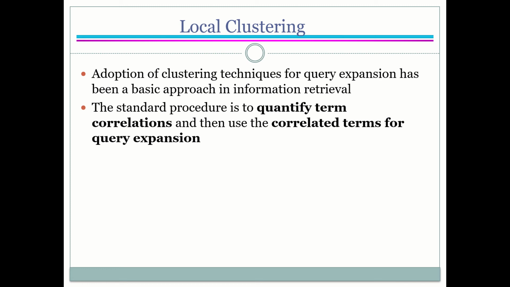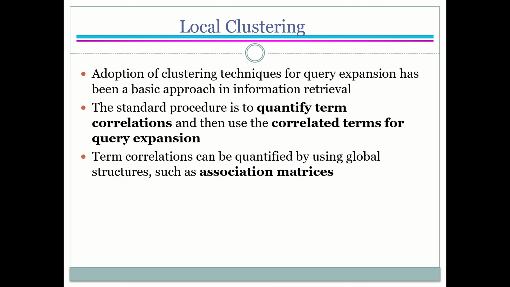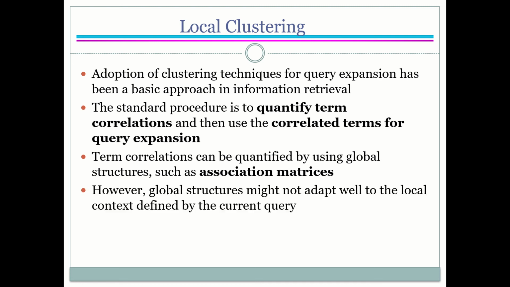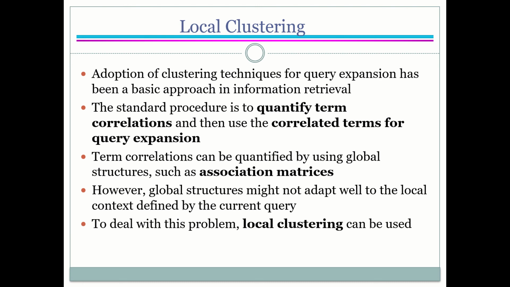Whatever terms we find to be highly correlated with the query, we expand the query by adding those terms. Term correlation can be quantified by using global structures, such as association matrices. However, they might not adapt well to the local context defined by the current query. For that reason, we will use local clustering.